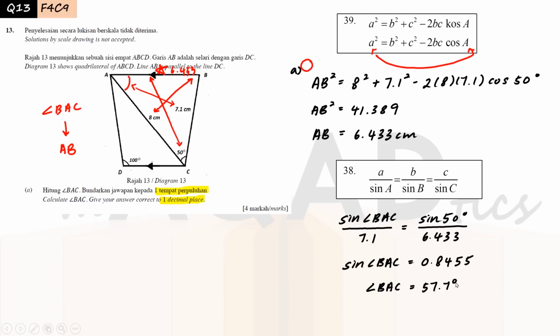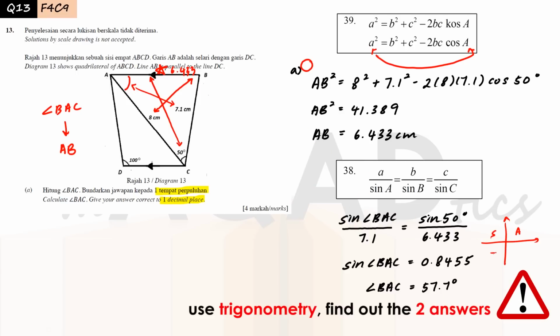57.7 degrees, but I want y'all to do this using the ASTC method, because for every trigo equation, there will be two answers, like I mentioned in the previous question. So here we need to find the two answers. Here we have sine, and it is positive, so the two quadrants we're looking at are these two.